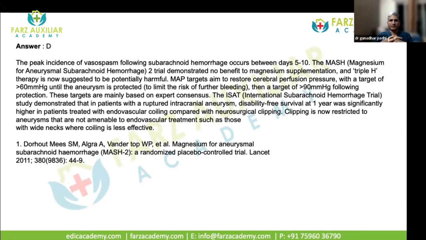So these are the different favorite questions of SAH. How to differentiate CT scan finding of traumatic SAH versus aneurysmal SAH, that is also one of the MCQs. So I request all of you to go through the books, and you can encounter these questions in your books and read details about the SAH. SAH is a very, very favorite topic of the examiner.